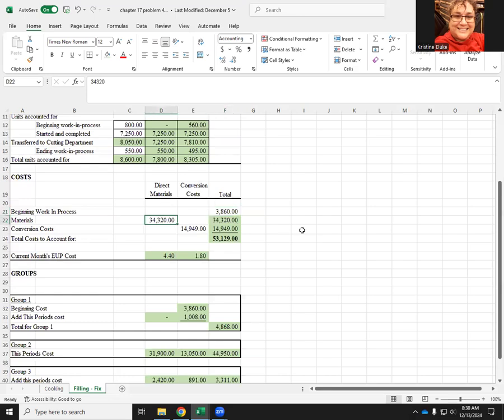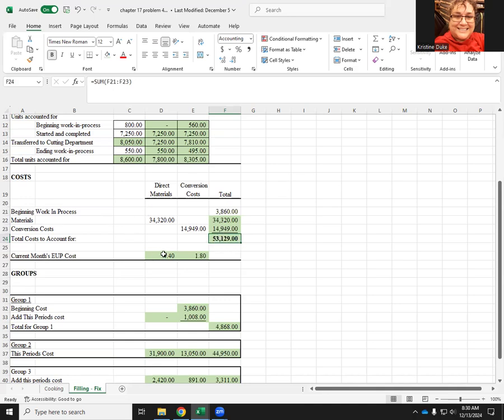I was given this financial data and I don't have it here to show you where I got it, but this problem in the textbook gave me the actual dollar amount. And then it told me, here's my direct labor and here's my factory overhead costs. So I add my beginning work in process cost to my direct materials and my conversion costs, which includes direct labor and factory overhead. And there's my total cost that I need to account for.